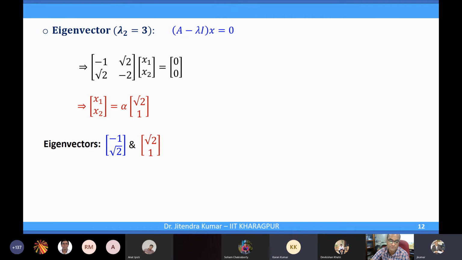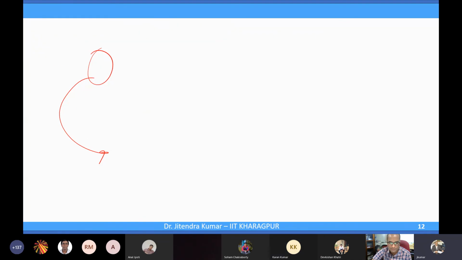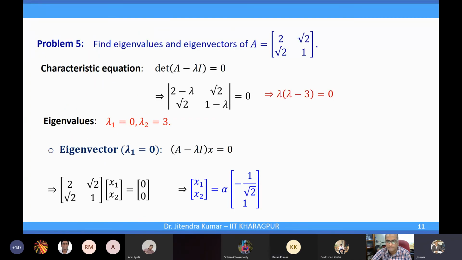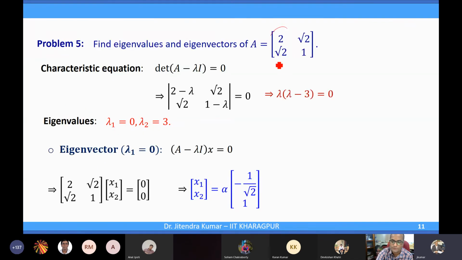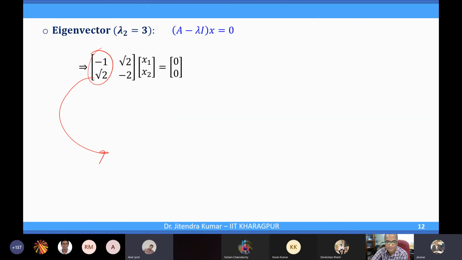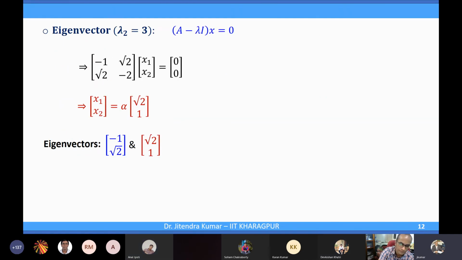Yes, this happens, but only for the first column; for the second column it does not match. Maybe this is by chance. In the original matrix you have minus 1 and 2, so there is no minus sign; it is slightly different.